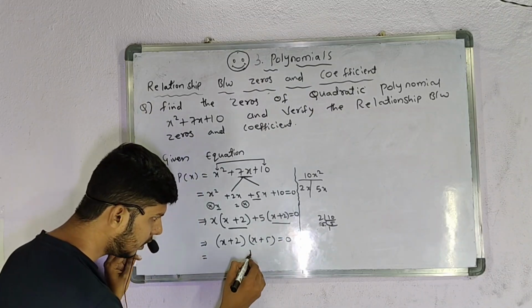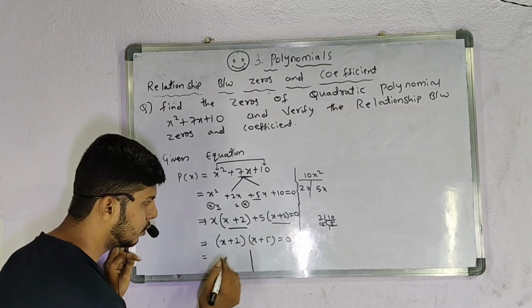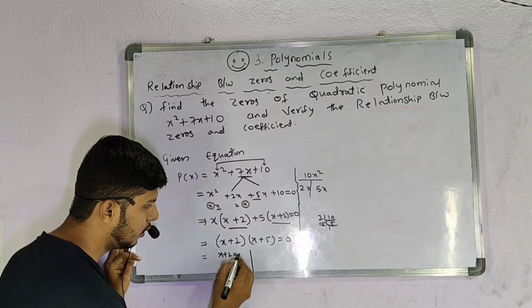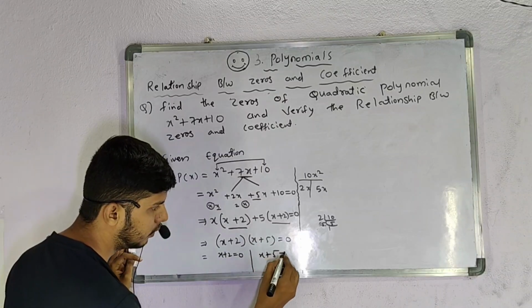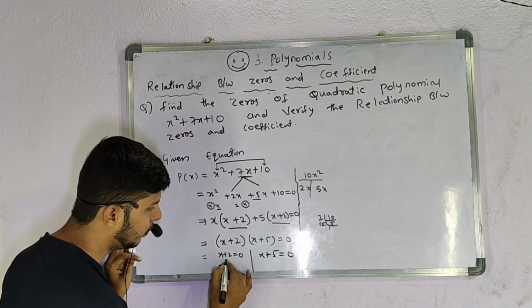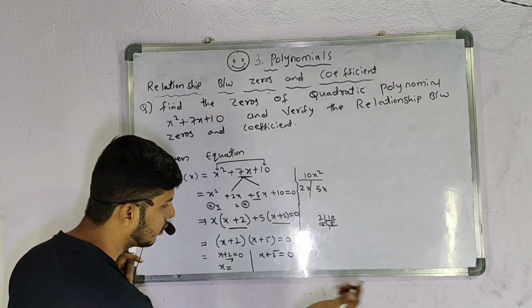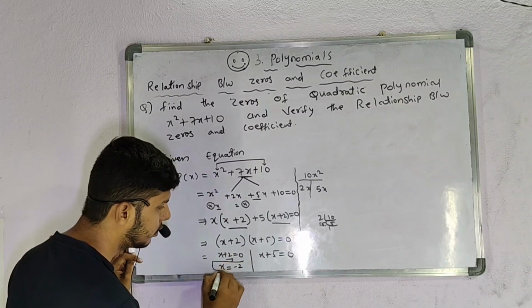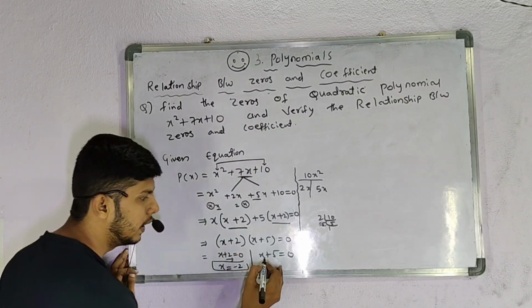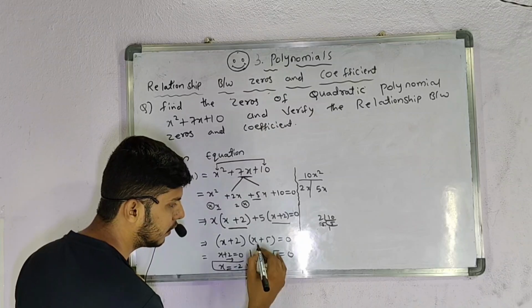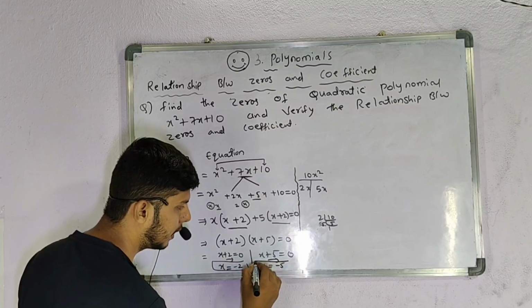Now we equate both factors to zero: x plus 2 equal to 0 and x plus 5 equal to 0. Then x equals minus 2, since plus 2 goes to the other side and becomes minus 2. This is one zero. Next, x plus 5 goes to the other side and becomes minus 5.